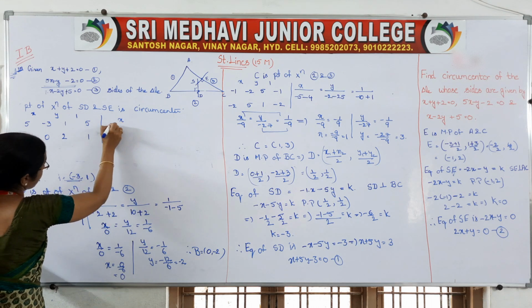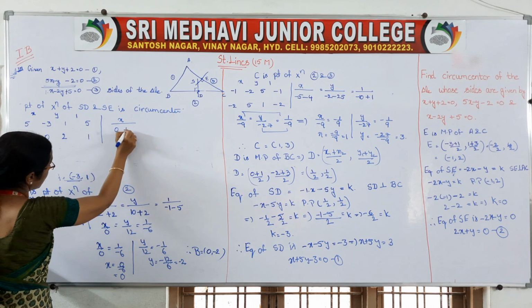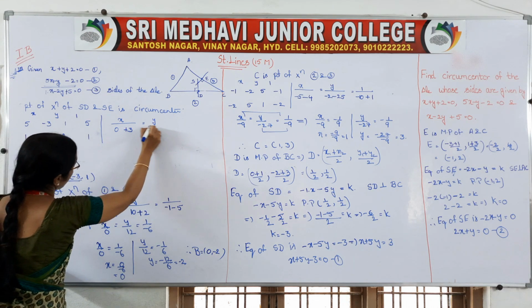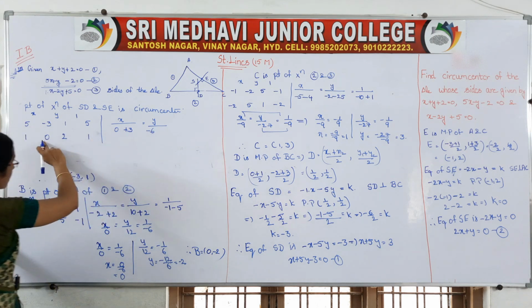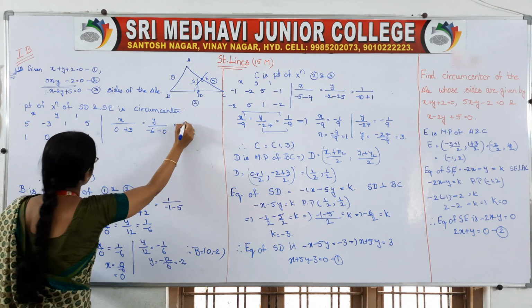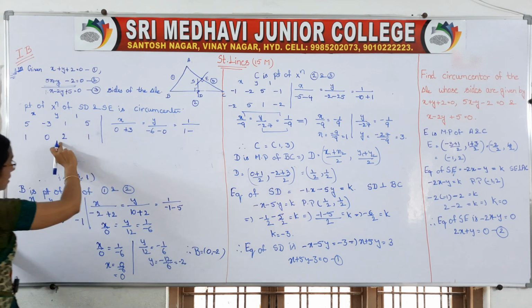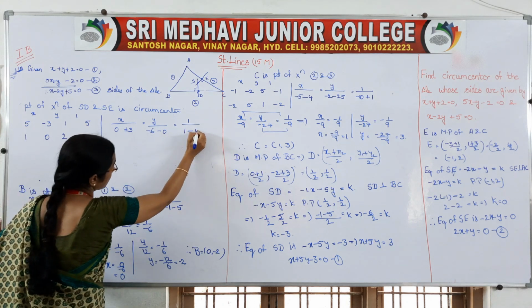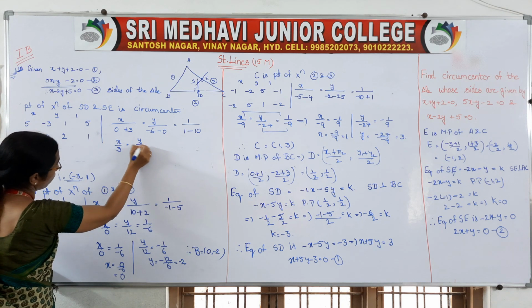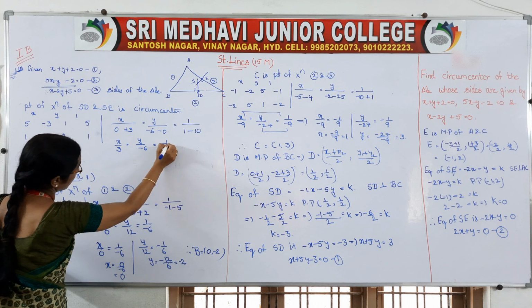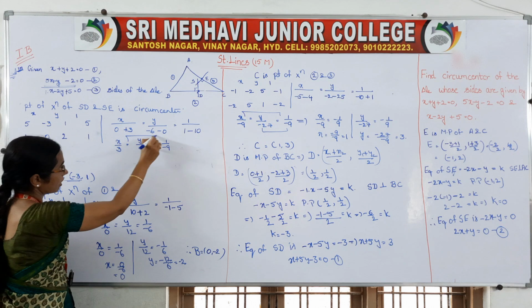So x by this into this 0, minus of minus plus 3, and y by minus 3 into 2 minus 6, and this is 0, is equal to 1 by 1 into 1, 1 minus 10. Five 2s are 10. So it is x by 3 is equal to y by minus 6 is equal to 1 by minus 9.